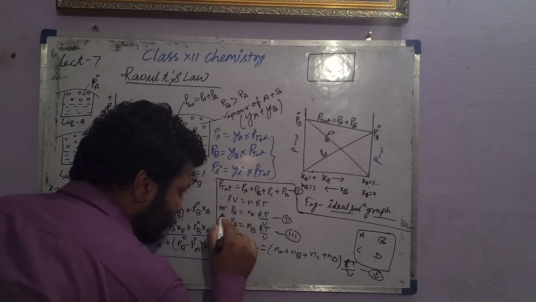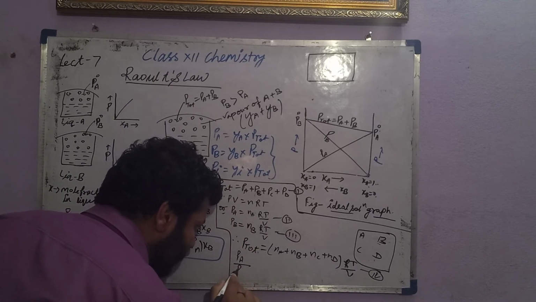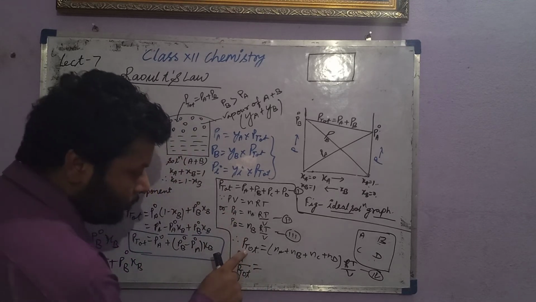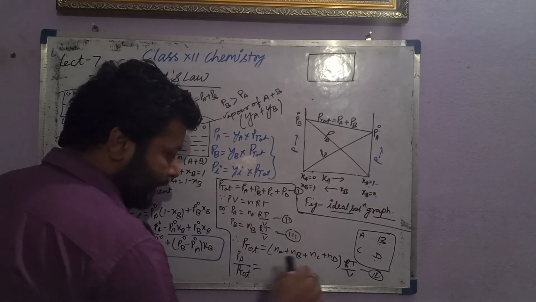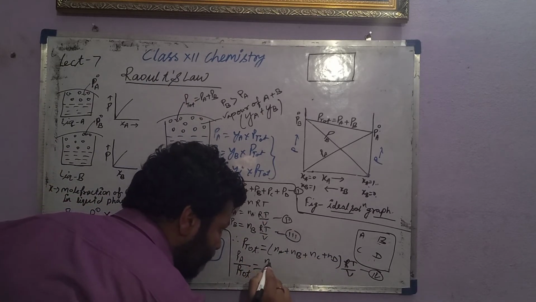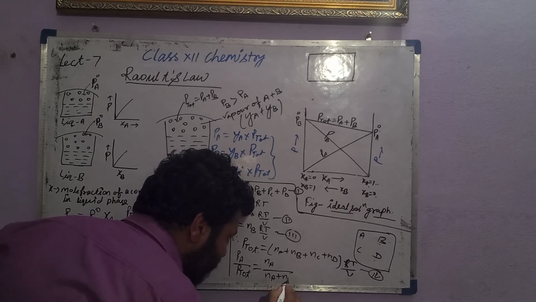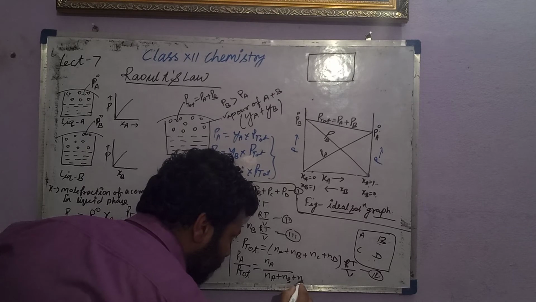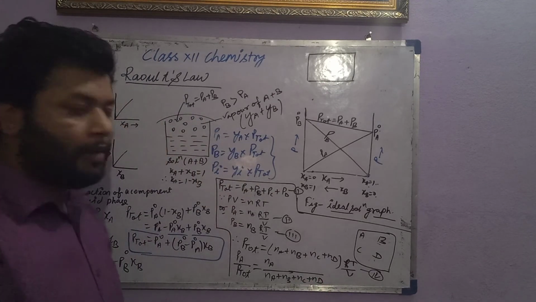When equation second is divided by equation 4, we will get PA upon P total equal to Na upon this value, and RT by V will be cancelled out.